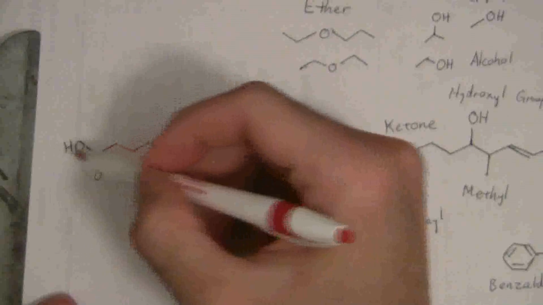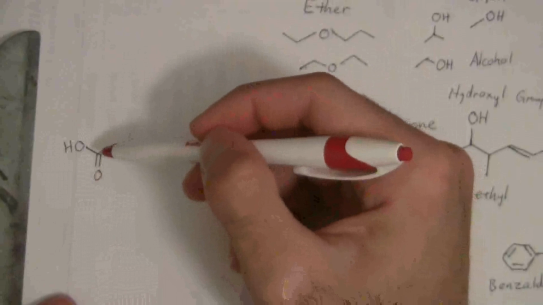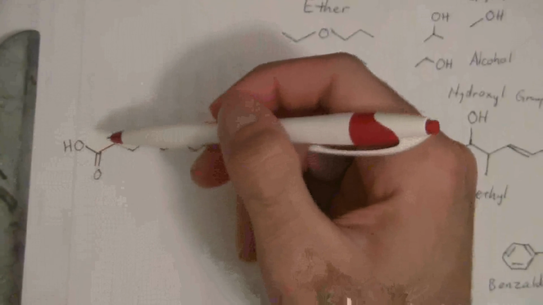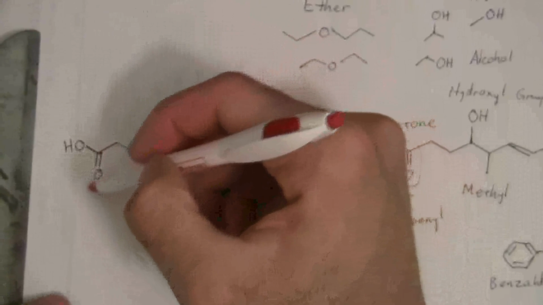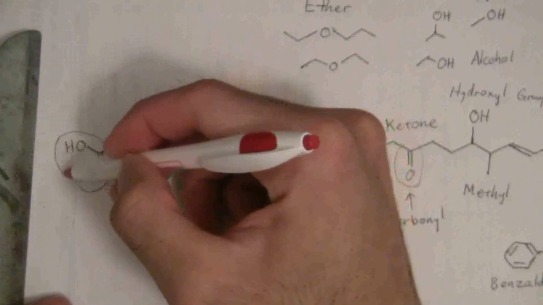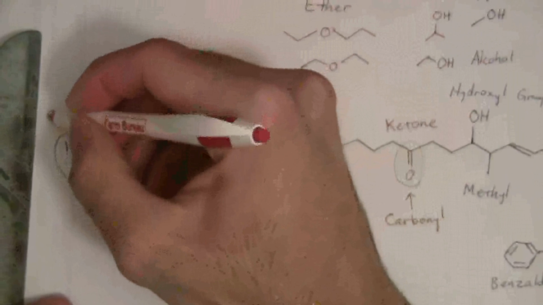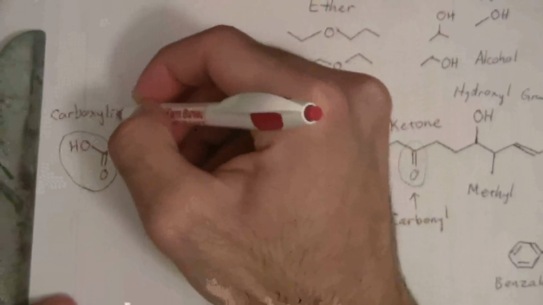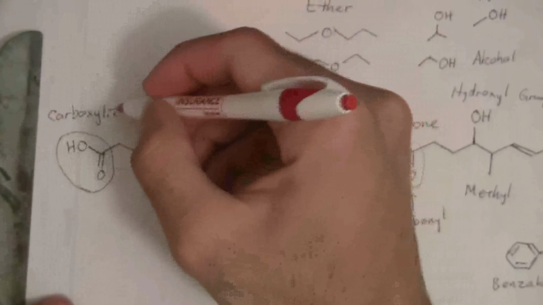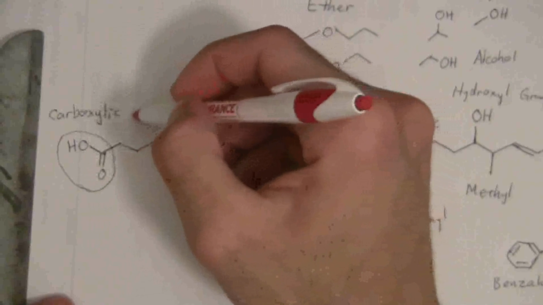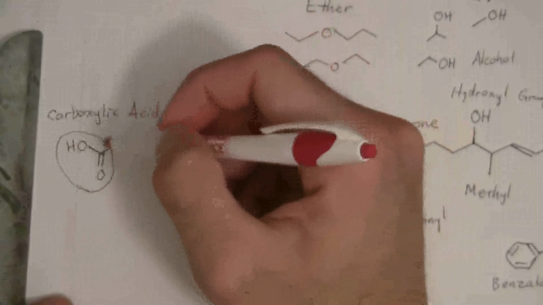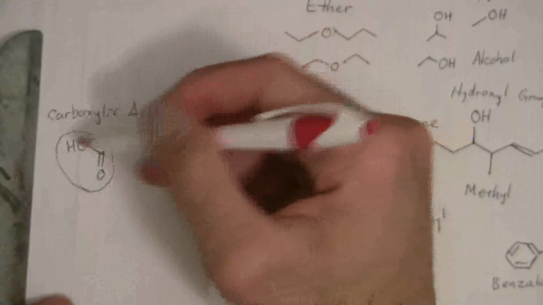It's a combination of a carbonyl carbon with a hydroxyl group. All together, the compound would be a carboxylic acid, and I call this the carboxyl group.